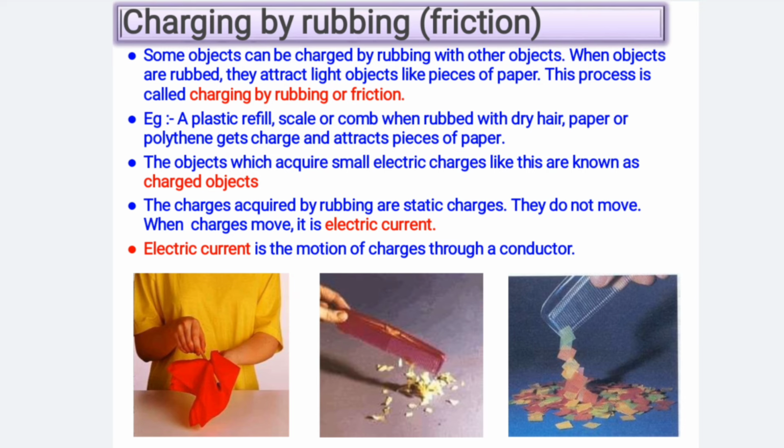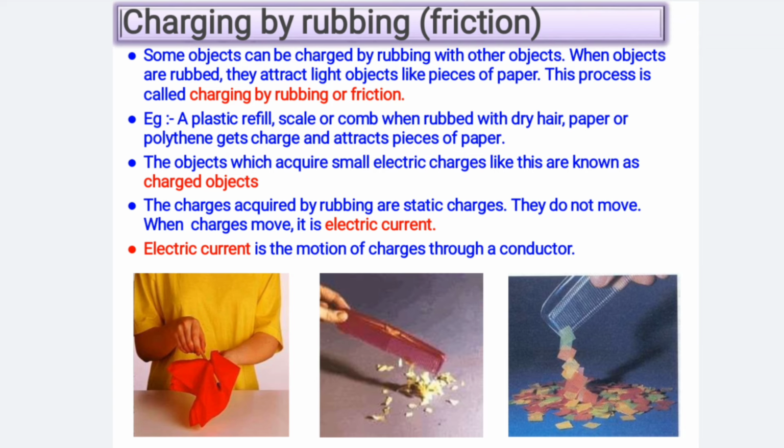The objects which acquire small electric charges are known as charged objects. So here your comb and scale have become charged and they can easily attract an uncharged object, which is paper. The charges acquired by rubbing are static charges. Since these charges become active but do not move from one point to another, they are at rest.